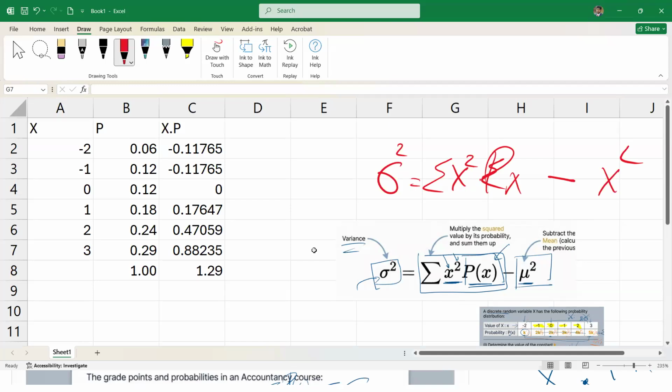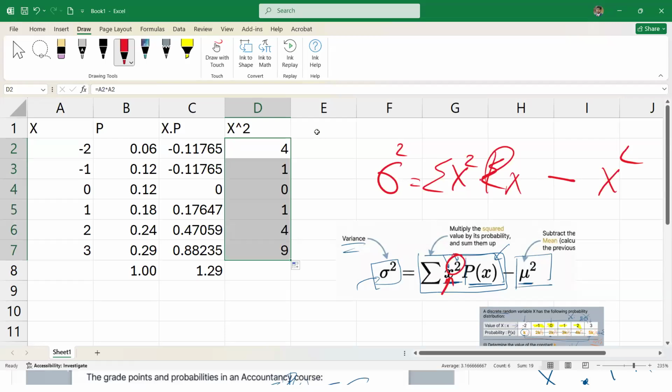Then here we know that according to the formula, we should know x square. We already know the value of x. Then we have to take x square. Now I take here x square. Very simple. This value into the same value. Then we will get x square.